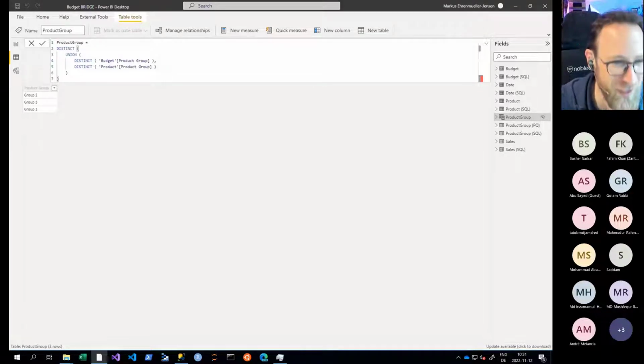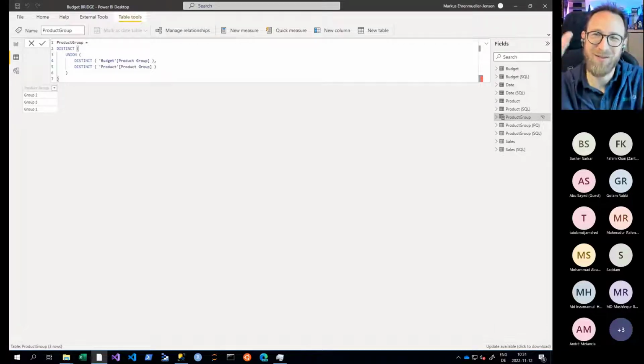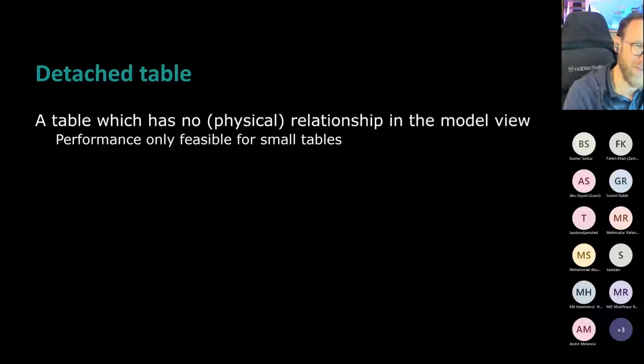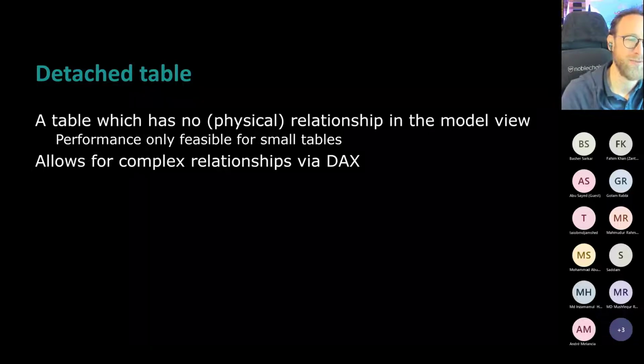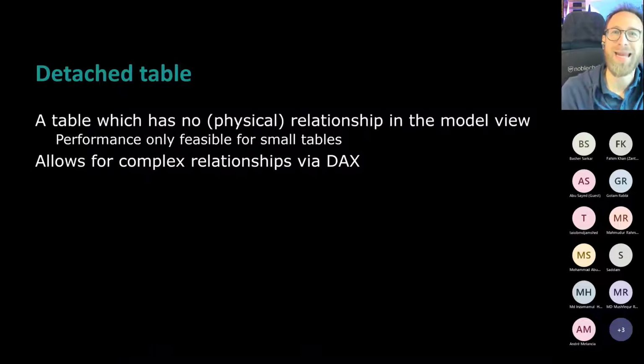Jump forward, detached table. So a detached table is similar to what we just have seen, that there is maybe no relationship between the tables. There's no physical relationship in the model view. Again, be careful with that because this could come up with a performance issue. But the only way I can use this is if you have complex relationships, in the terms that a usual filter relationship is an equijoin.